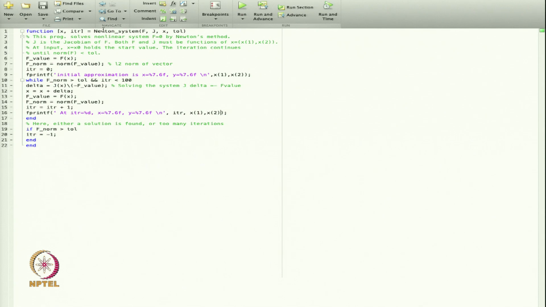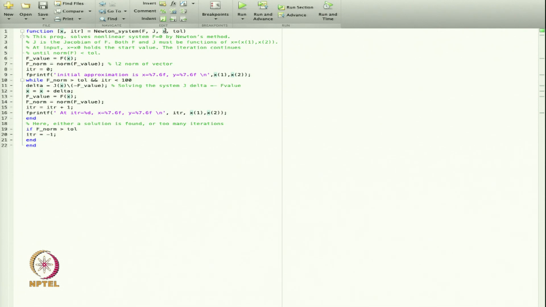Now, I keep the name Newton system. This capital F is the function, that is whatever we are going to define. J is the Jacobian, which we already know how to find, because in this case I have to find the Jacobian also, where x is the vector now, which has the two components x and y.